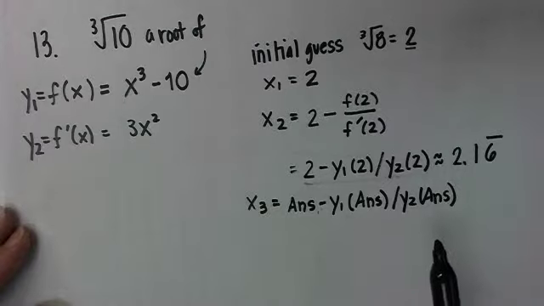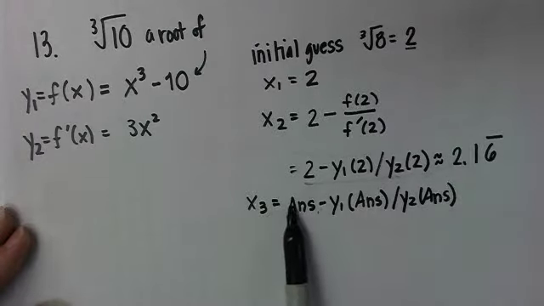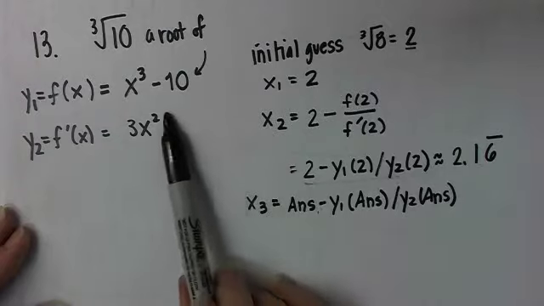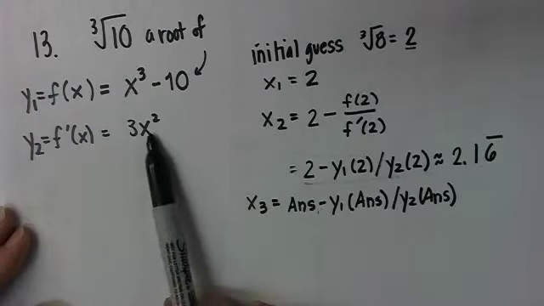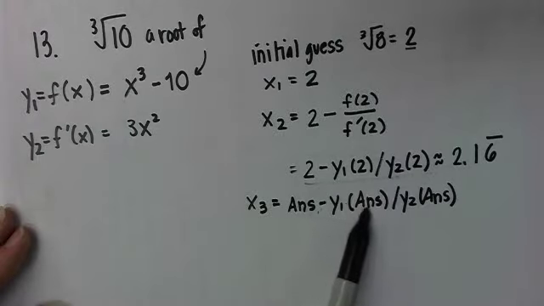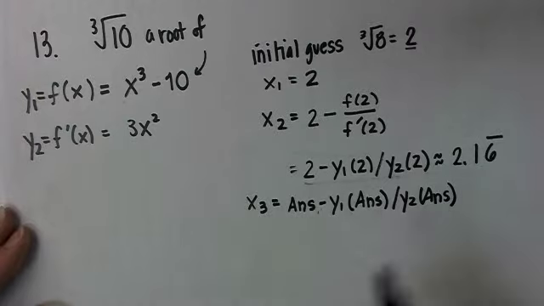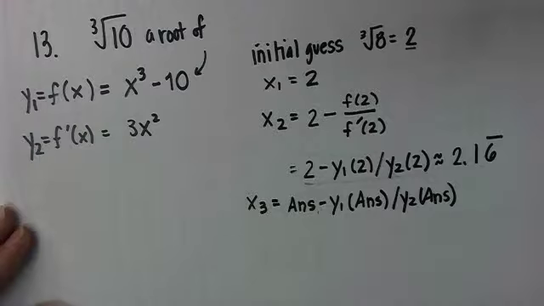If you don't have a graphing calculator, then you're going to want to store this in memory 1, and then you would do recall. You would probably want to do y1 of recall memory 1, so cube it and then minus 10, divided by 3 times recall and then squared, and then maybe store that in your memory 2, and then do recall memory 1 minus recall memory 2. It's messier if you've got a scientific calculator.